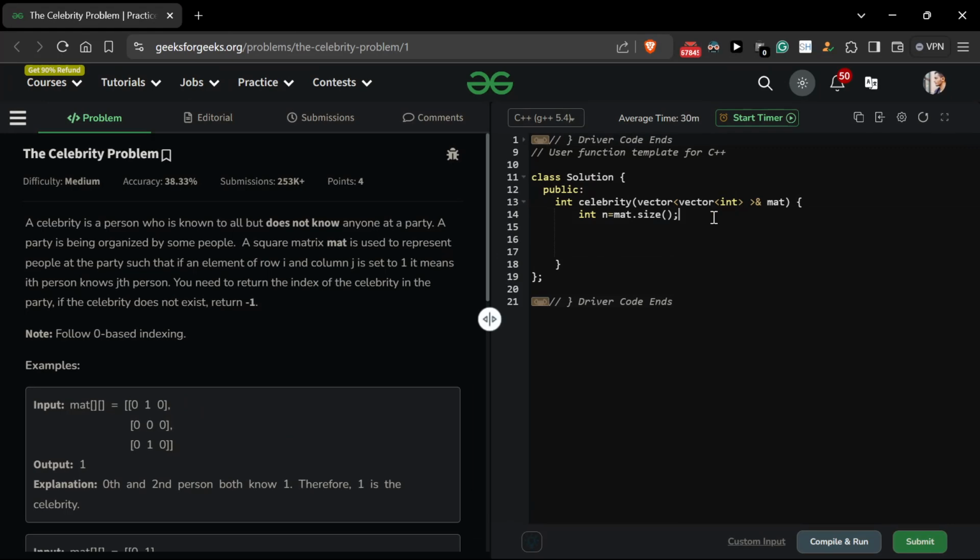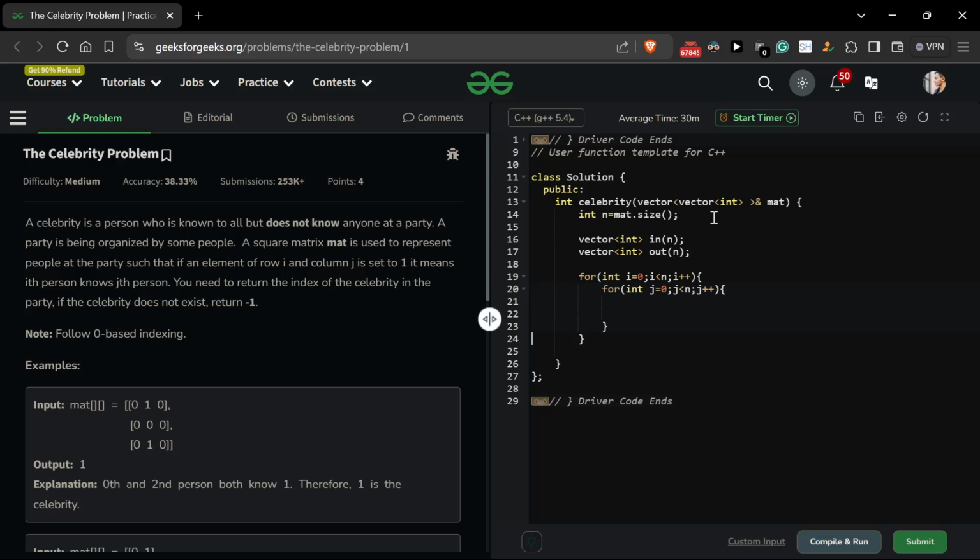First we will take n. Then we have a vector or an array of n size, its name is in, and another one whose name is out. Then we traverse n cross n times. Inside this we are only interested in ones, so if there is a 0, just skip it.